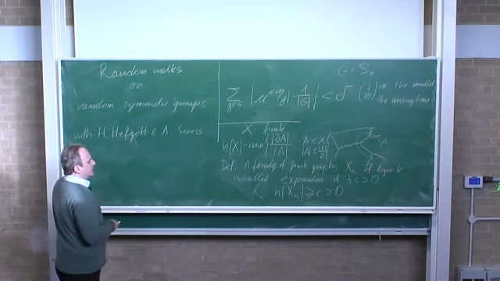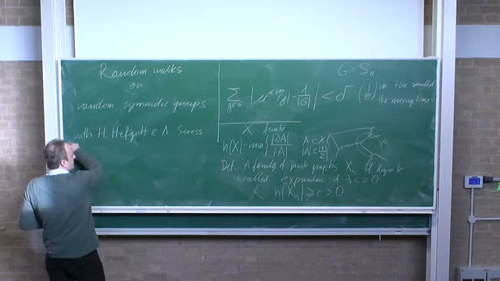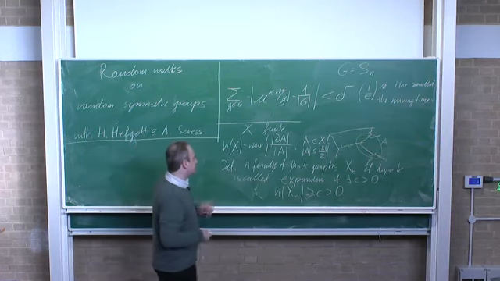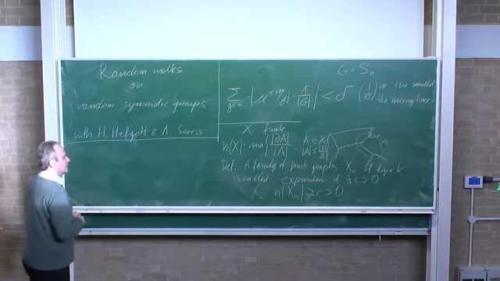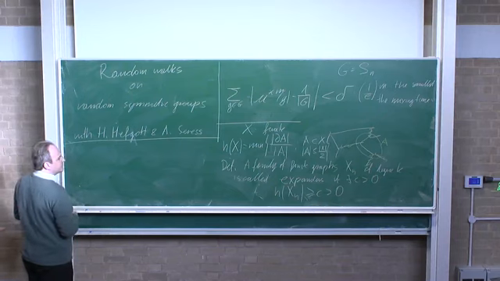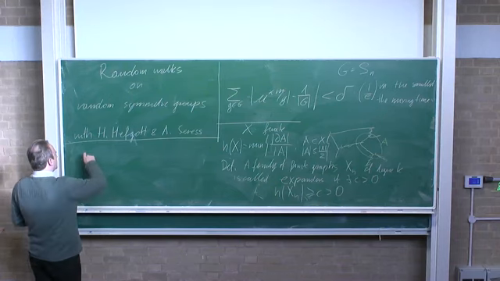Okay, the quantity which is closely related to the isoperimetric constant is the spectral gap for the discrete Laplace operator.